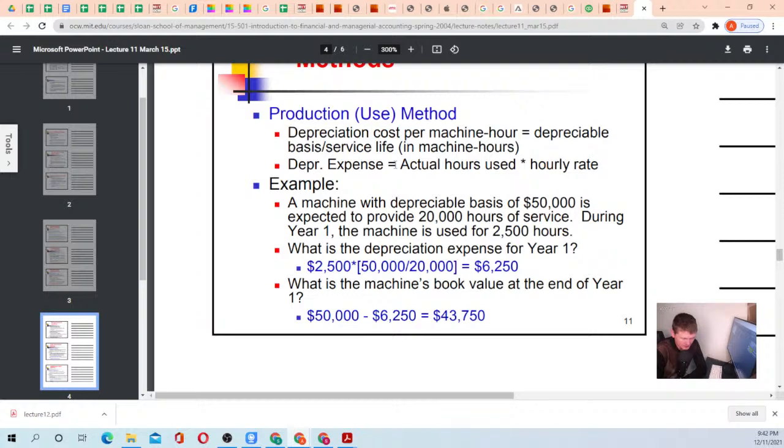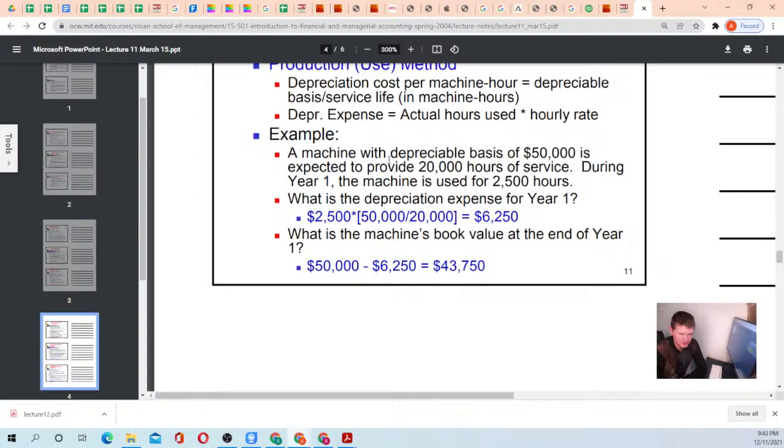You allocate the cost of equipment to each hour, so you calculate basically how much 1 hour of equipment will cost you to operate in terms of equipment cost. And then you calculate how many hours your piece of equipment worked in each reporting period and then depreciate. And here is a calculation.